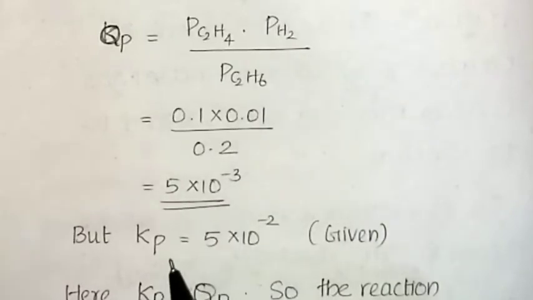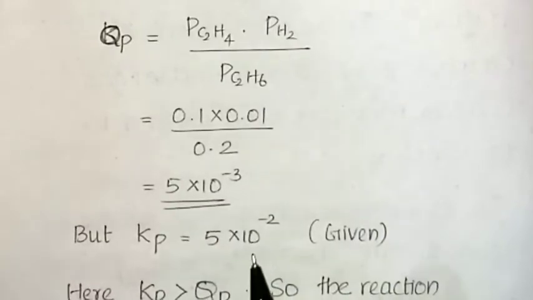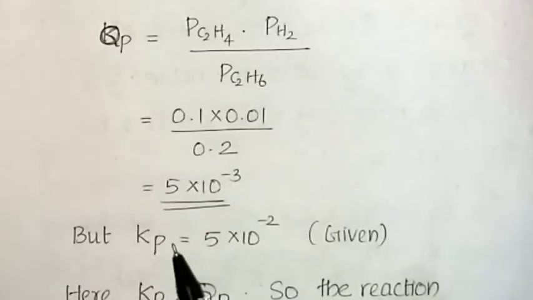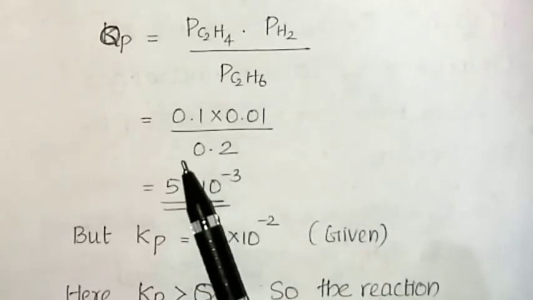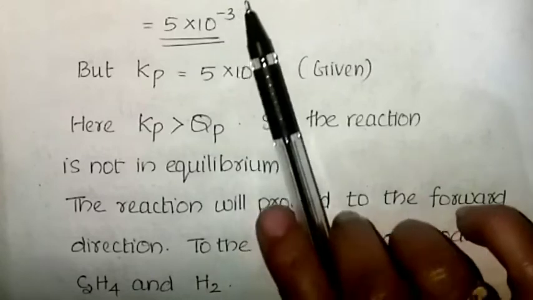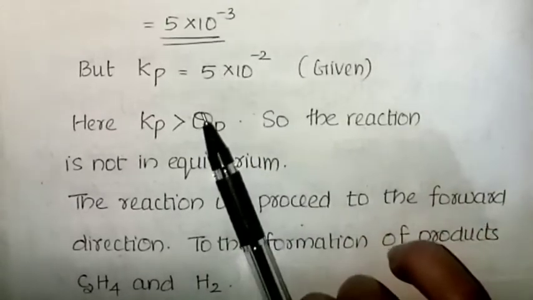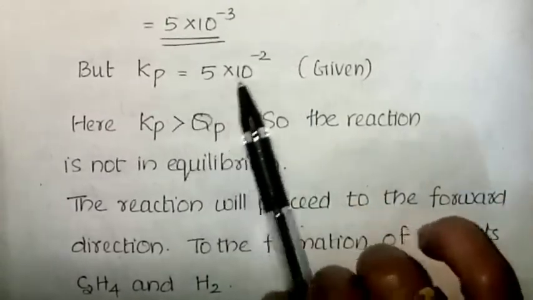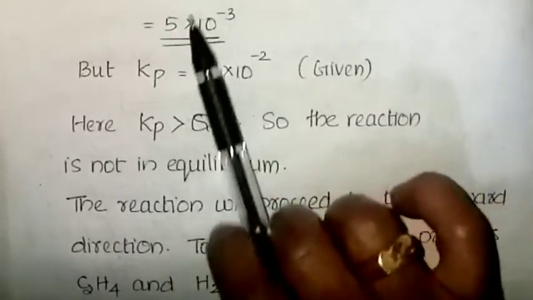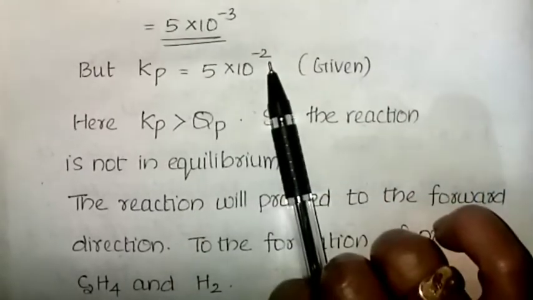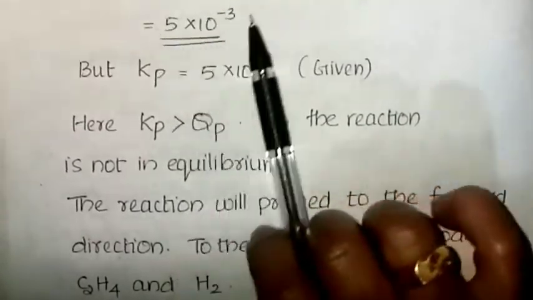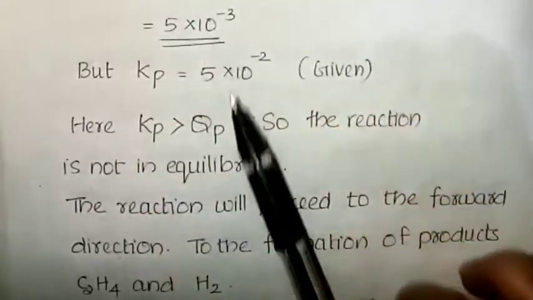We know here the Kp is 5 into 10 raised to minus 2. When Kp is greater than Qp, the forward reaction is favorable. Here the same condition, Kp is greater than Qp. This is 5 into 10 raised to minus 2, which is greater than 5 into 10 raised to minus 3 as Qp.